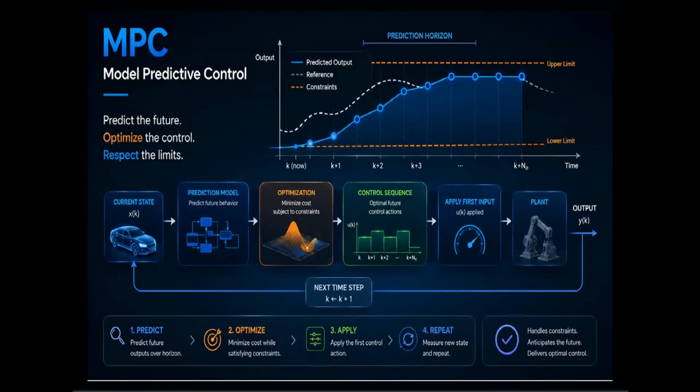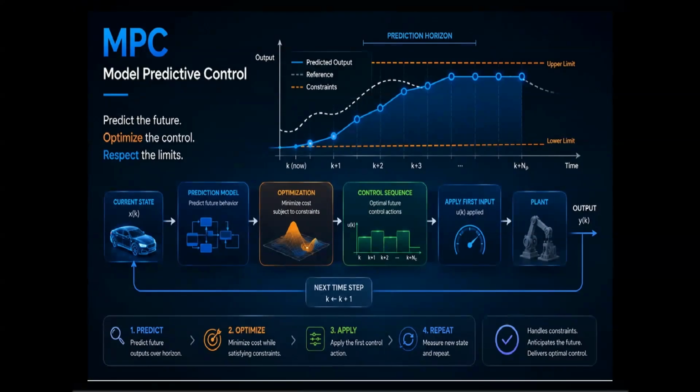Interestingly, although MPC computes an entire sequence of future control actions, it applies only the first one. A moment later, new measurements become available, the predictions are updated, and the optimization is solved again.